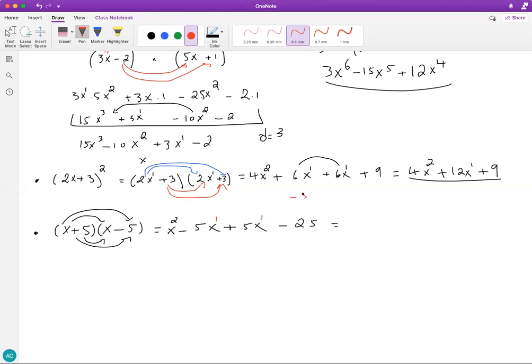So -5 plus 5 cancel each other out, 0. So we will just have x to the power 2 minus 25. So these two cancel out. Be careful before you cancel. Here it didn't cancel because it's the same sign, so we add, but if you have opposite signs, we cancel them. So we have x to the second, and we have -25.